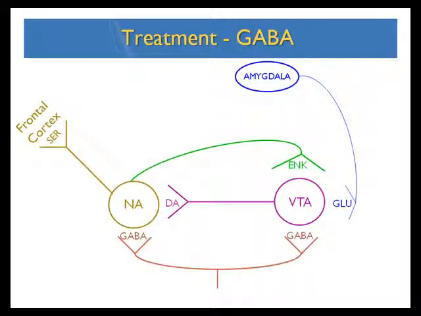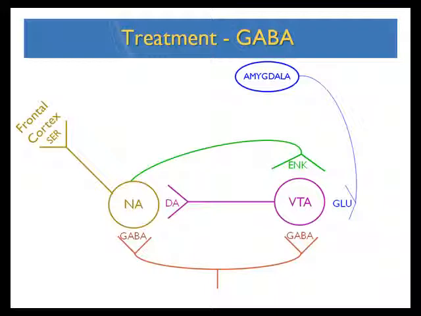And that place is at the GABA receptors on both the nucleus accumbens and the ventral tegmental area. GABA is just another neurotransmitter, but this neurotransmitter is used to slow things down in the brain. So if we increase GABA tone, what happens is the dopamine high isn't as high, and the dopamine crash isn't as low, and it's less likely to set off craving for the next drug.